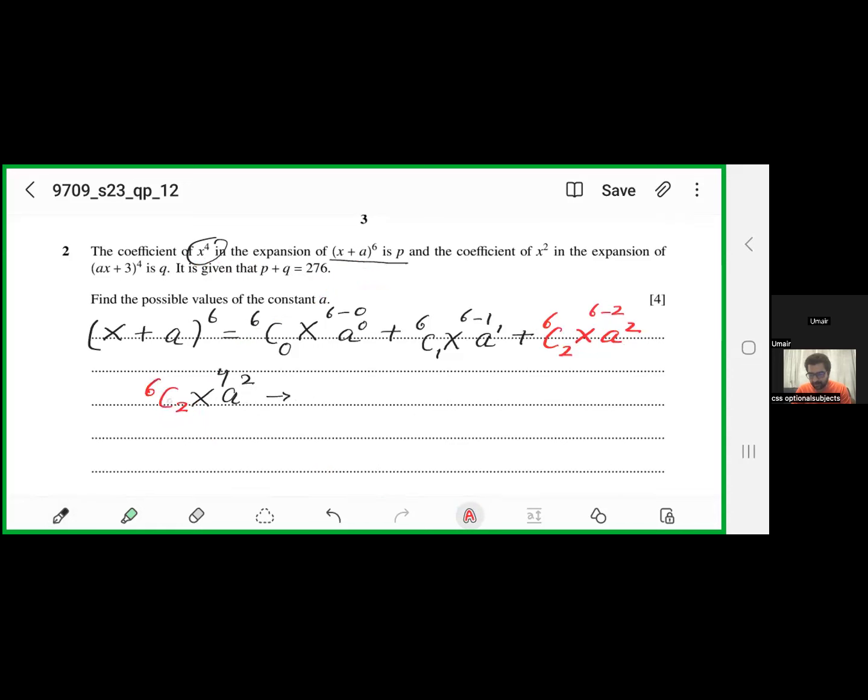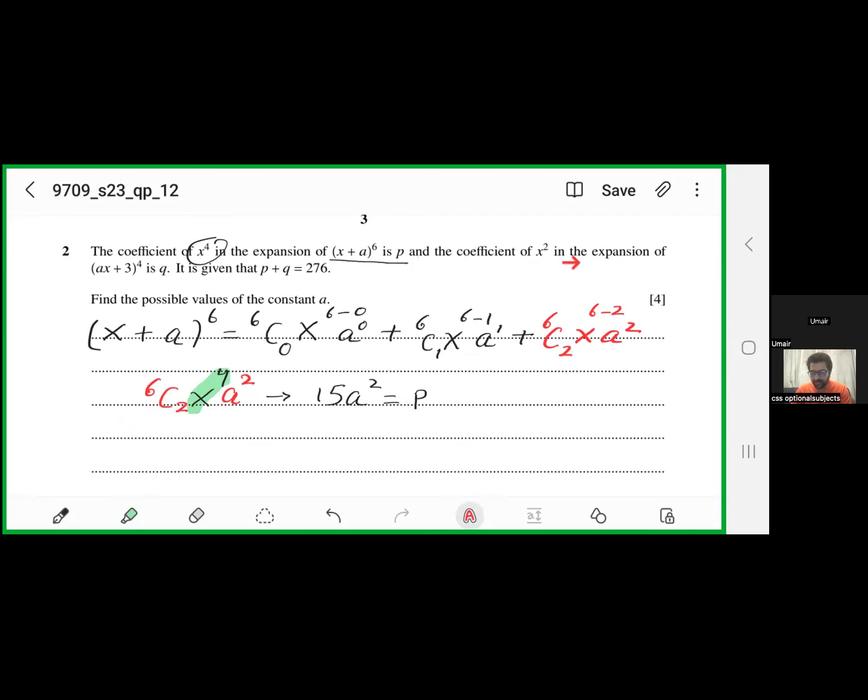So this is the coefficient. So let us calculate 6c2 on your calculator. 6c2 gives you 15. So 15 a square is equal to p, because the coefficient of x4 is p.